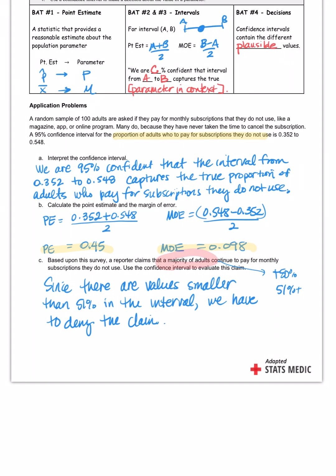Deny the claim that the majority of adults have subscriptions they don't pay for. We okay with that? All right, that's the first part of the concept of a confidence interval. It's a range of values that we think the truth falls within, because we are looking for the truth ultimately. All righty? So we're going to switch gears.